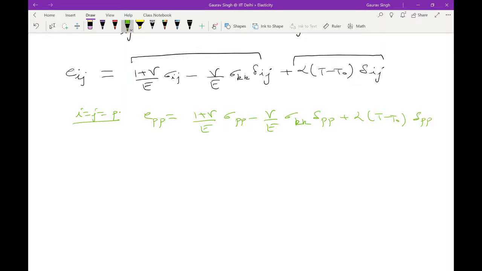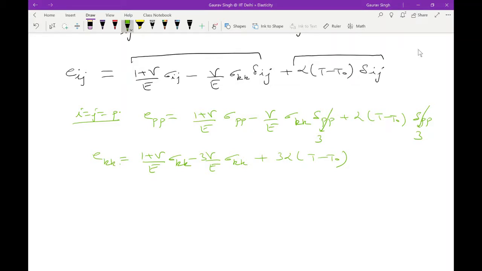This value is 3, this value is 3, so epp can be written as 1 plus nu by E sigma pp minus... So this should give us, since now it's only k and p, we can just replace this by k, and we can replace this by k.